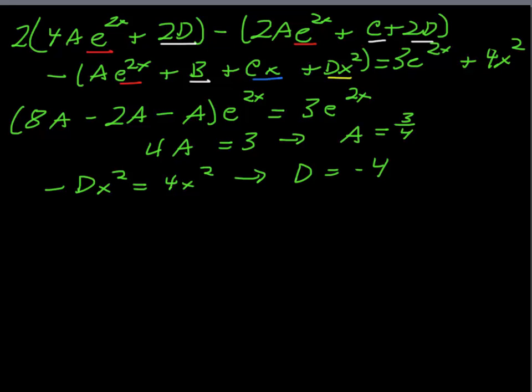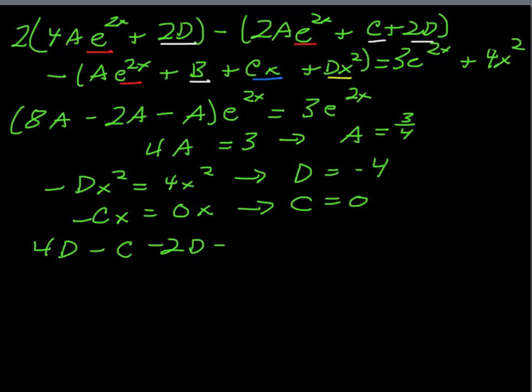Okay, now let's do our x terms. And it looks like our x terms is just this negative cx. So negative cx is equal to 0x. So that means c is equal to 0. And then we'll do our constants. So for our constants, we have 4d minus c minus 2d minus b is equal to 0.